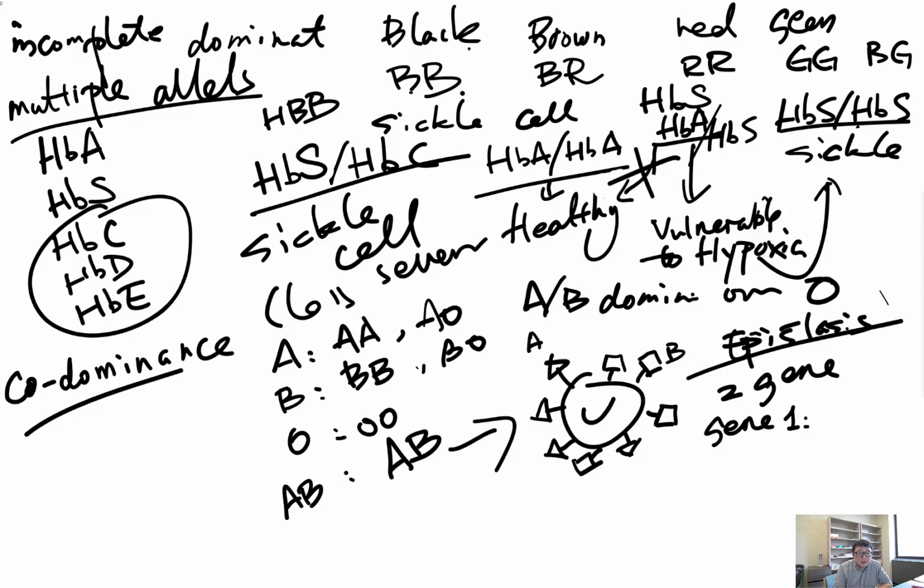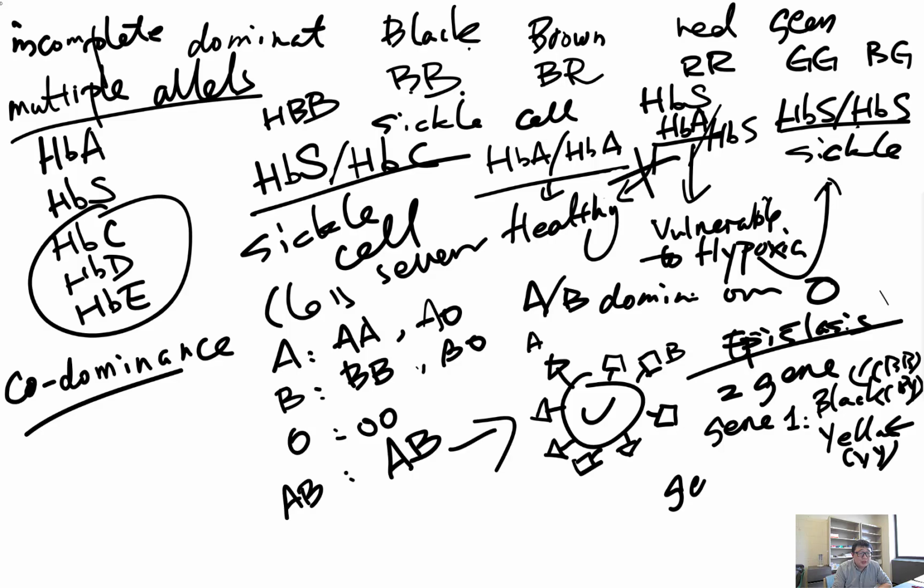Gene 1 is, say, black and yellow. Black is dominant, yellow is recessive. So BB and BY are black, YY are yellow.